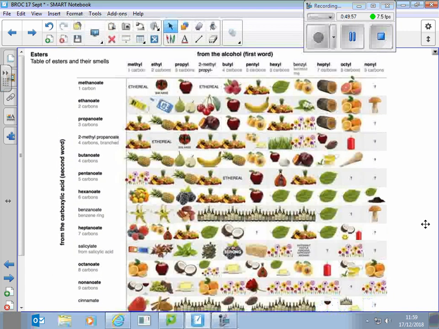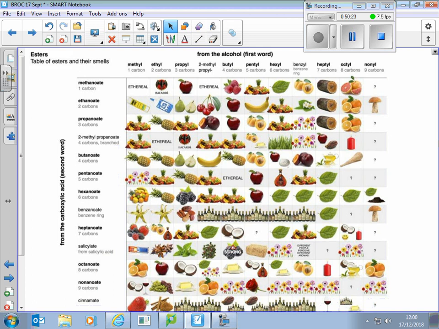What can we see? It gives you the first name across the top and then the second name down the side. So you've got methyl methanoate. I have no idea what ethereal means in terms of a smell. Heavenly, don't know. But then you've got some very definite ones. Methyl ethanoate, glue stick.